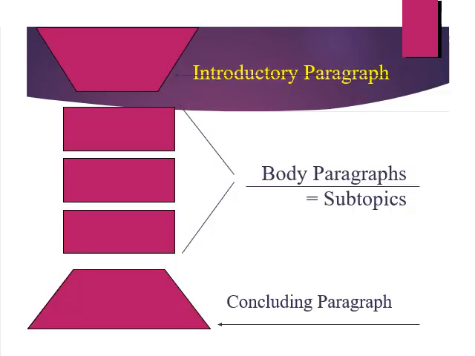Let's see the outline. Here we have the introductory paragraph, then the body paragraph, and the concluding paragraph. In the introductory paragraph, we have the thesis statement and the topic sentence. Then we have the body paragraphs, in which we are going to talk about the main ideas in the topic sentence. And finally, we have the concluding paragraph.